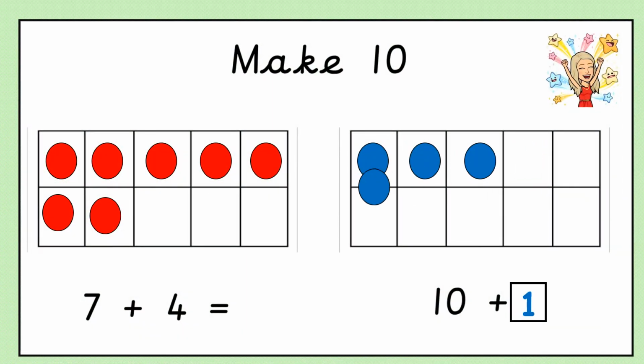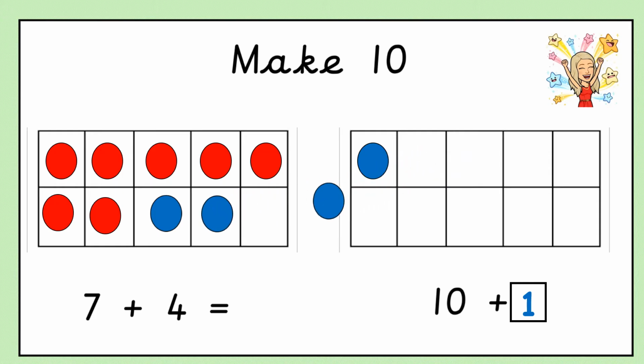I need 7, I need 1, 2, 3 more to make 10. Well done for using your number bonds. So now I have got 10 in this 10 frame, because I made 10. And how many are in the other 10 frame? 1. Well done.